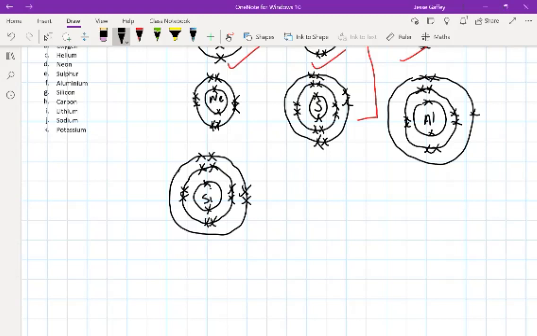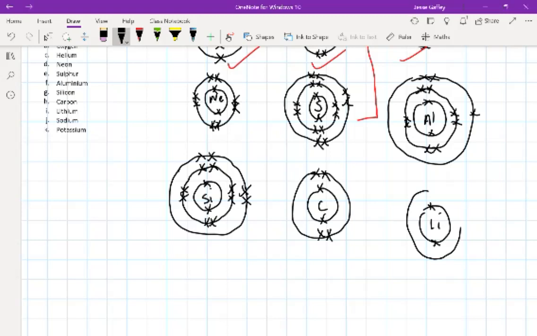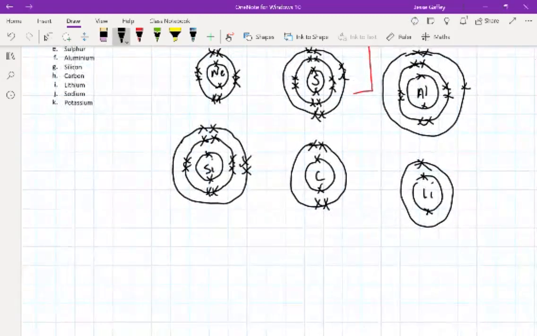Let's check the next one, carbon, C. 2 in the first shell, 1, 2, 3, 4 in the second shell. Next one is lithium, Li. 2 in the first shell and 1 in the second shell. 2 left to do.